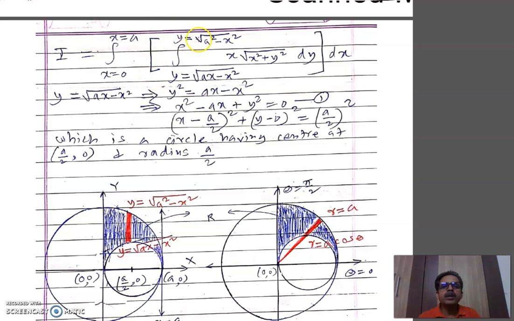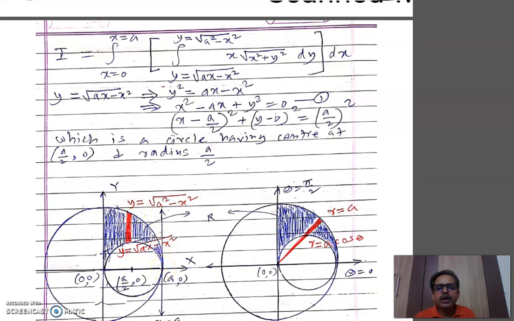Let's go to the upper limit. Taking square on both sides, we get y square equal to a square minus x square, that is x square plus y square equal to a square, which is a circle having center at the origin and radius a. So from this upper limit, we get this big circle having center at origin and radius a.